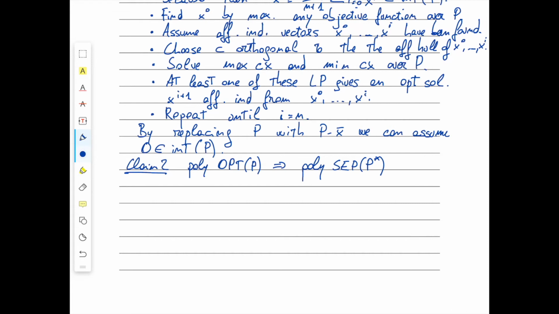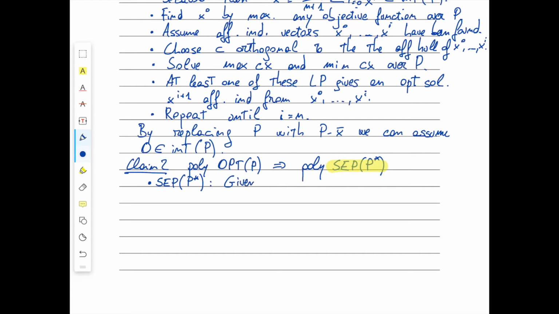So what is actually this problem, separation over P star? What does it mean? Let me write it down, because when we talk about the polar, things are always a little bit confusing, because essentially the variables in the polar correspond to the coefficient vectors in the primal. So the separation problem over P star is the following.